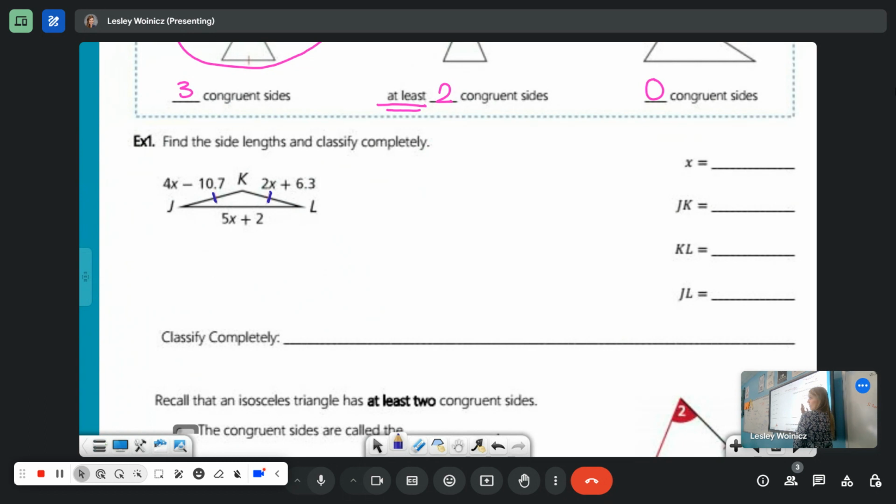They're equal. It sounds like an equation to me, right? I don't even have to rewrite it. I can just put an equal sign right there. Don't work too hard. All right, so I can subtract away 2x from the 4x. I get 2x.